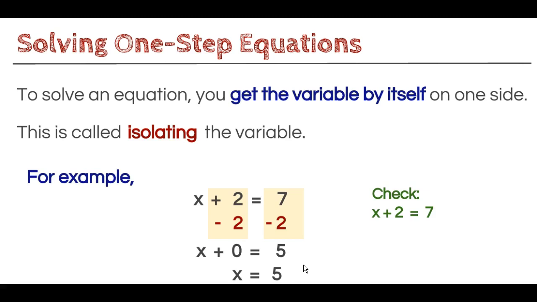I take my original equation, x plus 2 equals 7, and substitute in the value that I got when I isolated x, placing it in the equation wherever I see the variable. When I do that, I see that I have 5 plus 2, and 5 plus 2 is 7, so my left side equals my right side. I'm in good shape, and I've done the question appropriately.